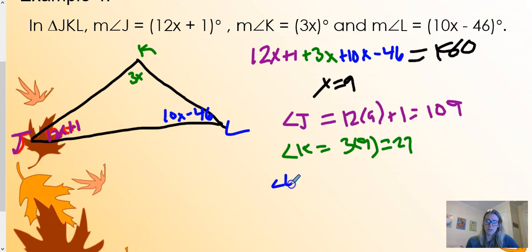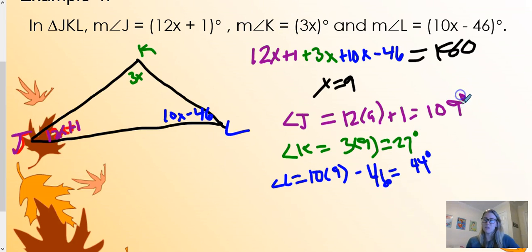And angle L is going to equal 10 times 9 minus 46, which is going to equal 90 minus 46, or 44 degrees. All of these are in degrees. I should have had degrees on all of them.